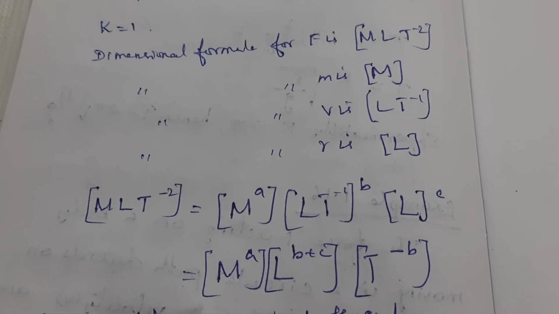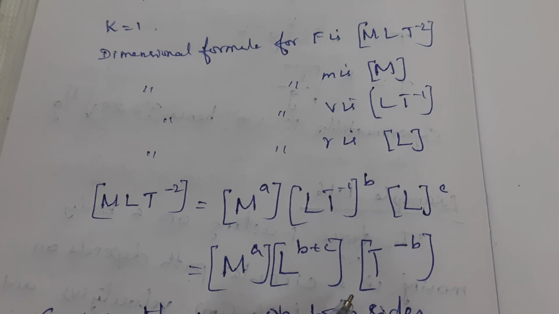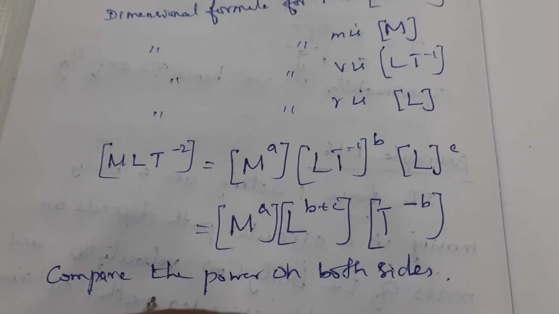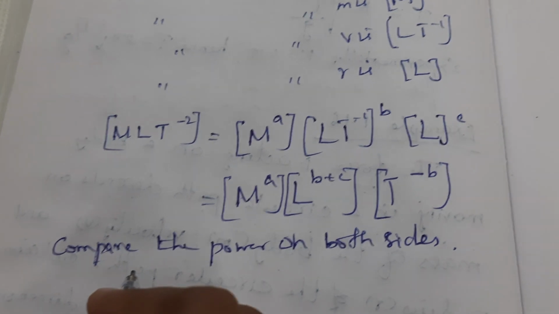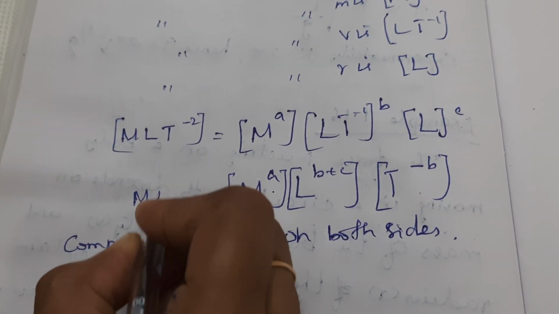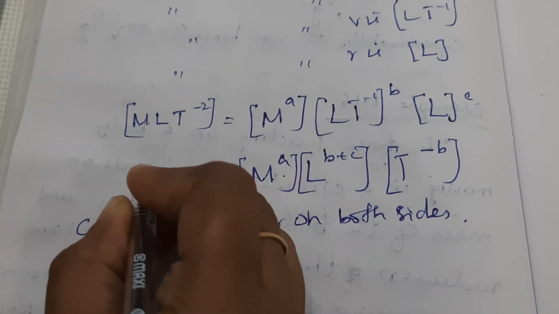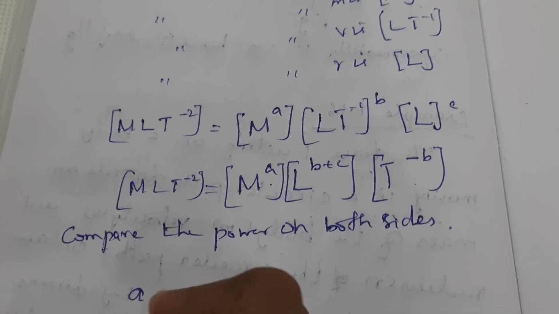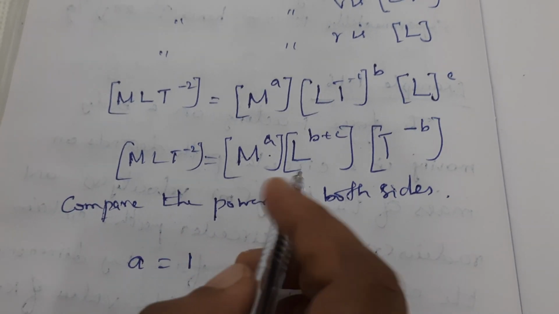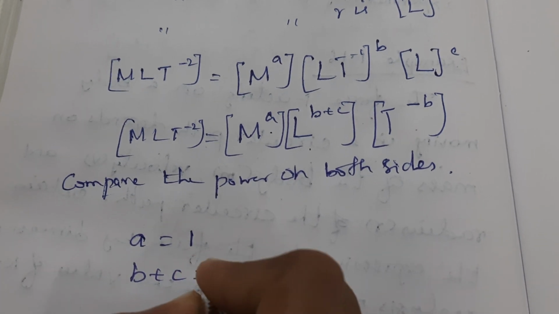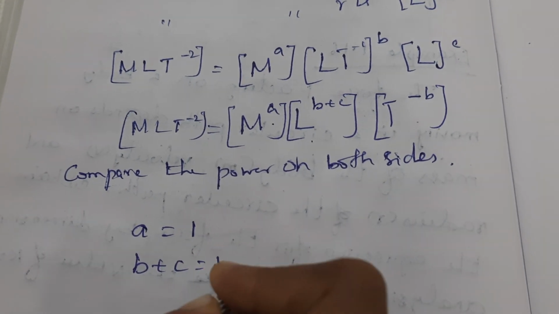Compare the power of MLT on both sides. Here it is MLT raised to minus 2. Comparing the power of M, a equal to 1. Comparing the power of L, b plus c equal to 1.